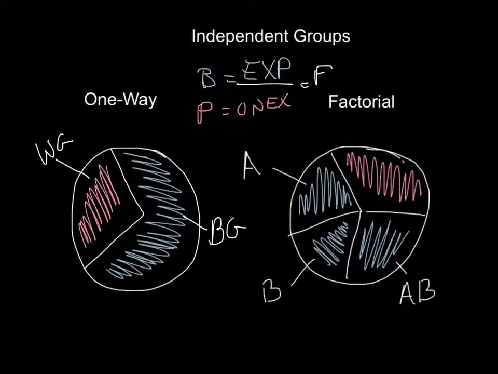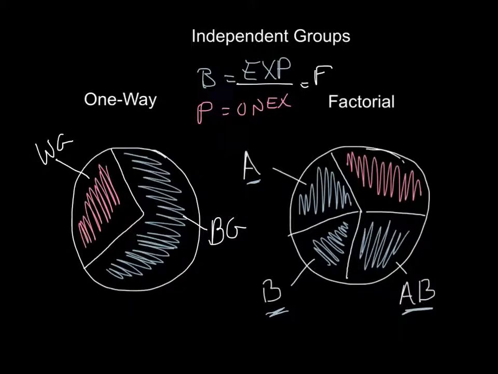Now, in a factorial ANOVA, that still stays the case, where our between groups variance is what's explained, but we're partitioning that further into an A main effect, a B independent variable main effect, and an A-B interaction.